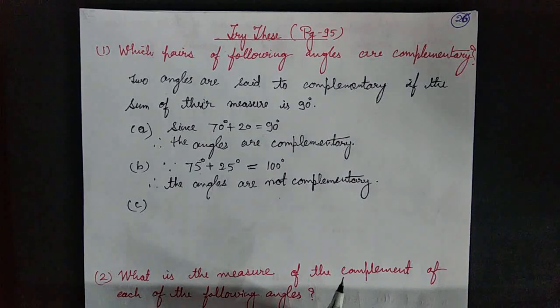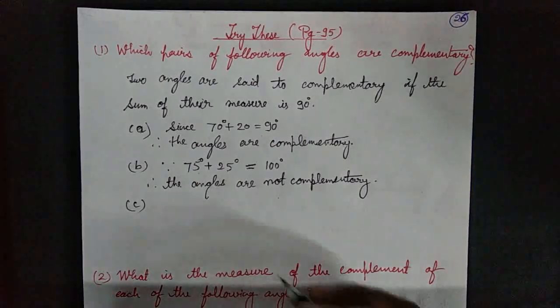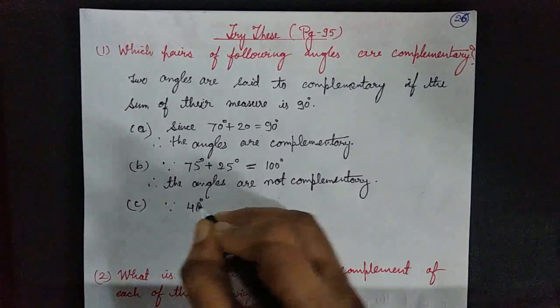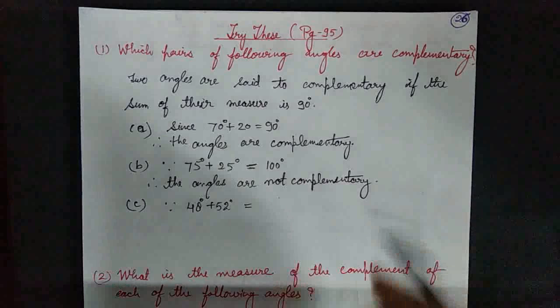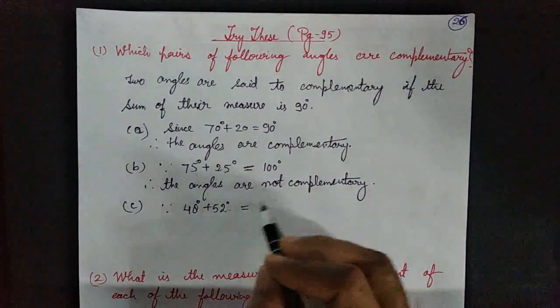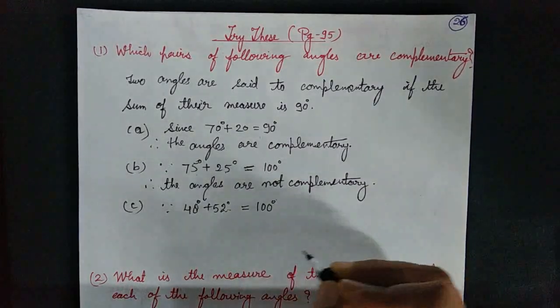Now see the C part in your book. Here the measures of the angles are 48 degree and 52 degree. We will add them, and after adding we will get 100 degree.